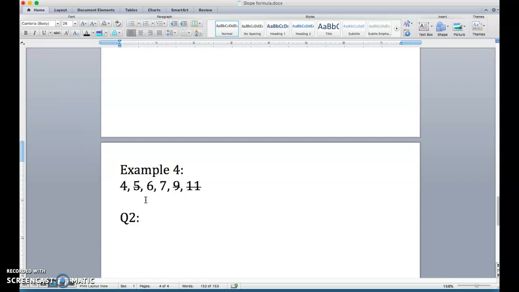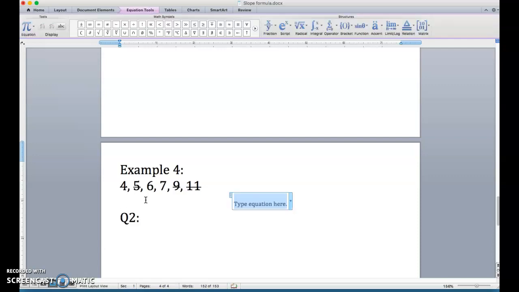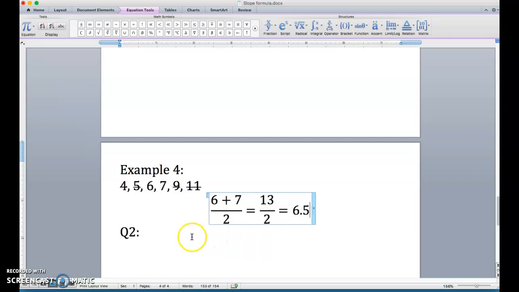So let's find the mean of 6 and 7. That would be adding 6 plus 7, and then I'm adding two numbers here, so I'm dividing by 2. 6 plus 7 is 13, so 13 divided by 2. If you do that in your calculator, you get 6.5.